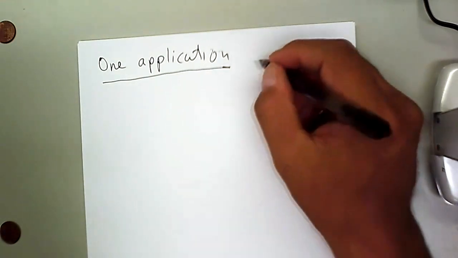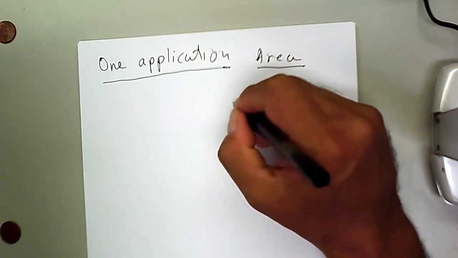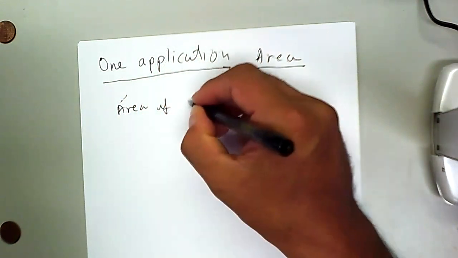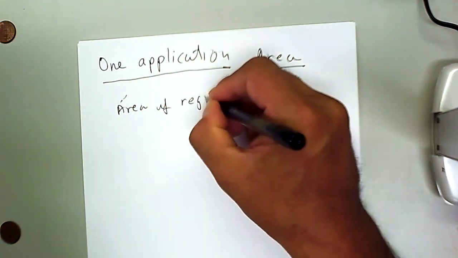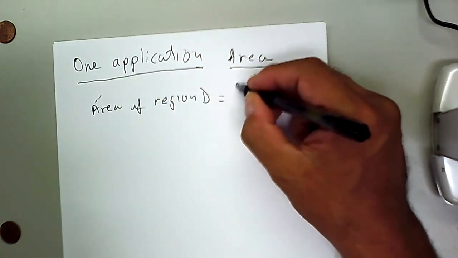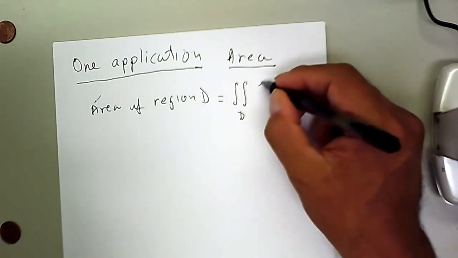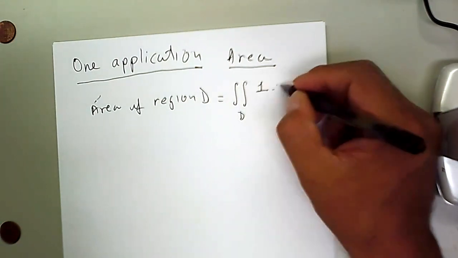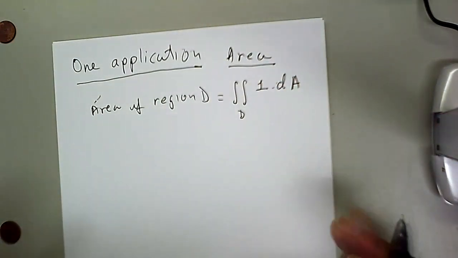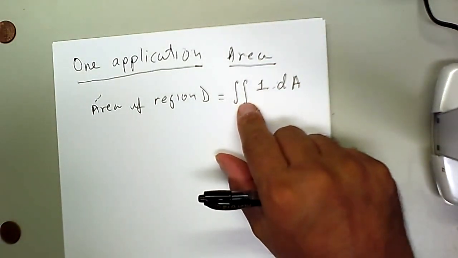So one application is finding the area of a region. The area of region D can be thought of as the double integral over the region of the number 1 with respect to the area. If you double integrate 1 with respect to the area, you're going to get the area. So that is one way to get a double integral.